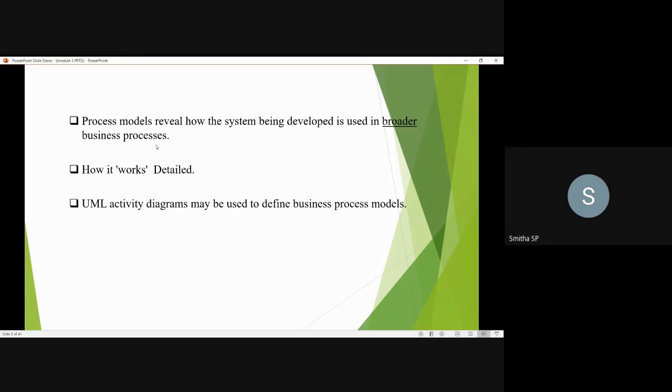UML activity diagrams are used to define these business process models. That is, we make use of the Unified Modeling Language activity diagrams to define the process models.